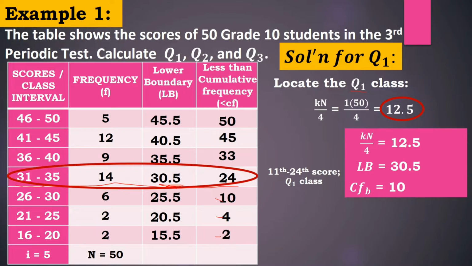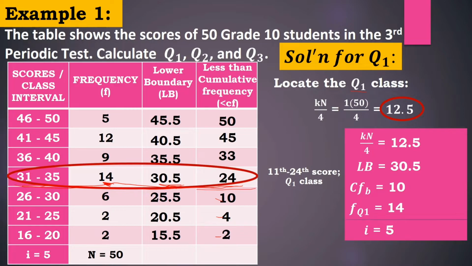So, it means that if this is where we can locate Q sub 1, yung less than cumulative frequency before Q sub 1 class is 10. Okay? So, CF sub B therefore is 10. And the frequency is 14. And the class size, the size of the class interval is 5.